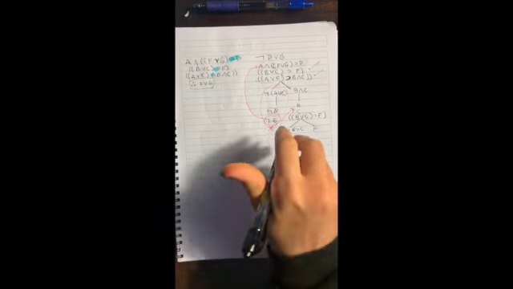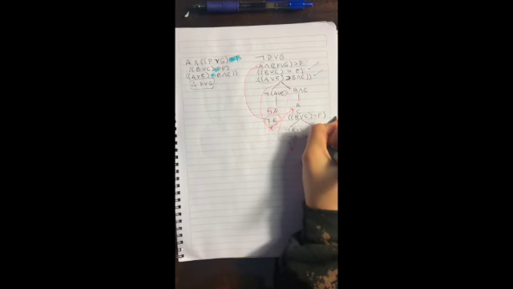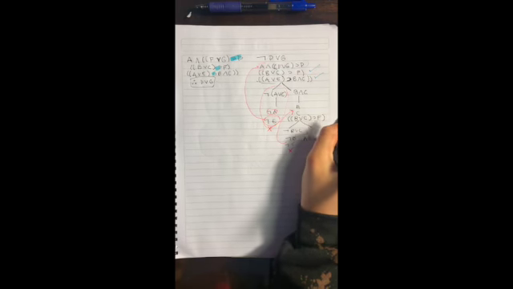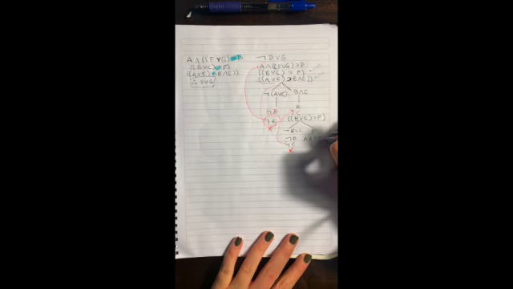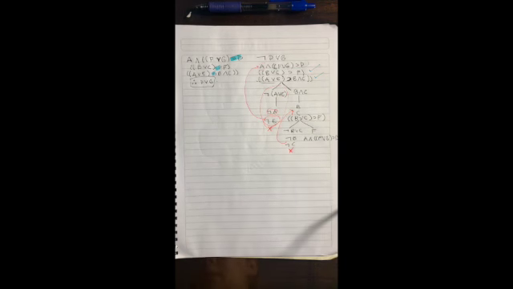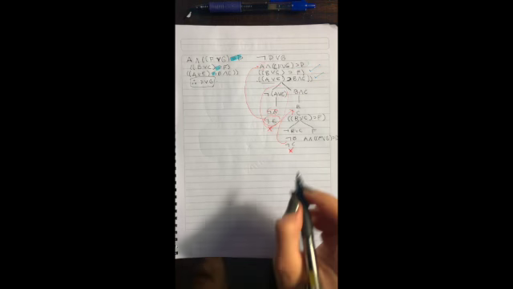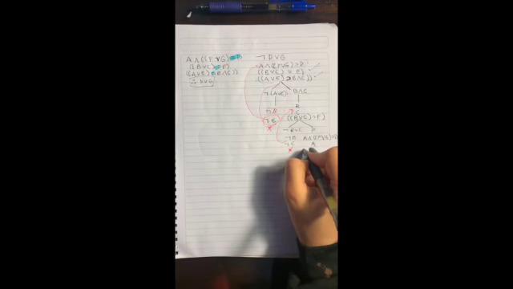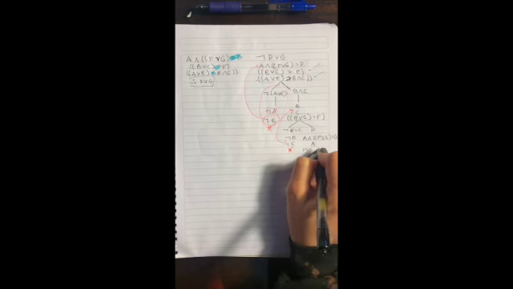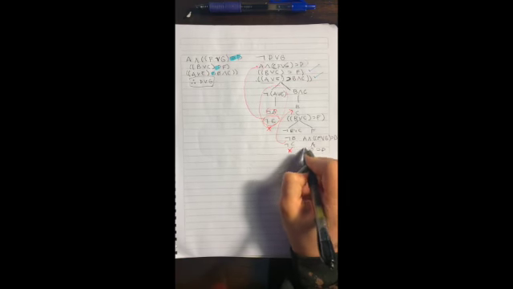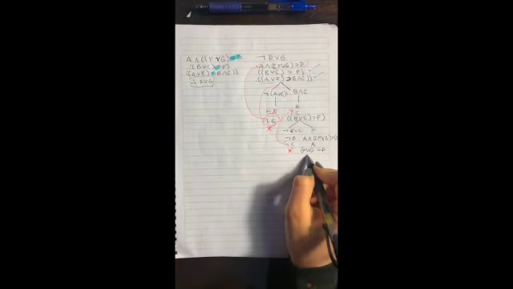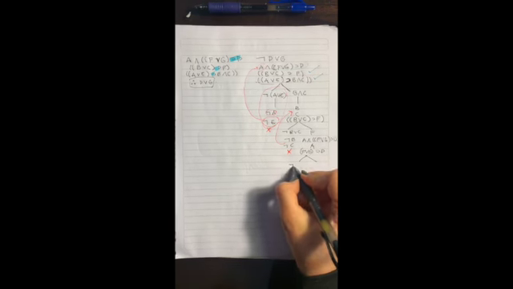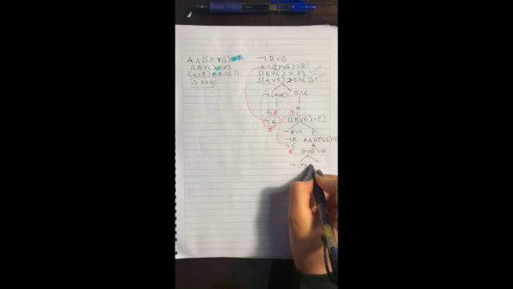So A and F or G, then D. And as we know the rule here: not F or G, and D.